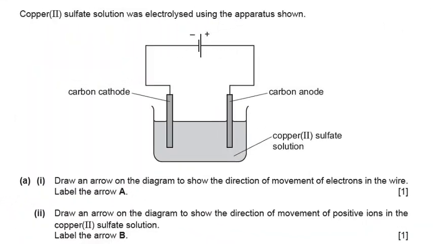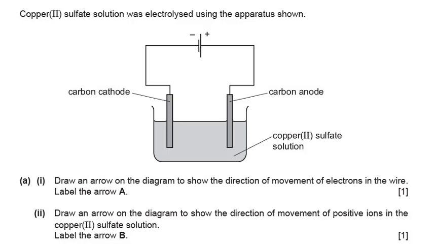And now let's go to another question, which is about electrolysis of copper sulfate solution. As we see, this is a normal cell that consists of aqueous copper sulfate solution, and it's connected to carbon electrodes and the battery.